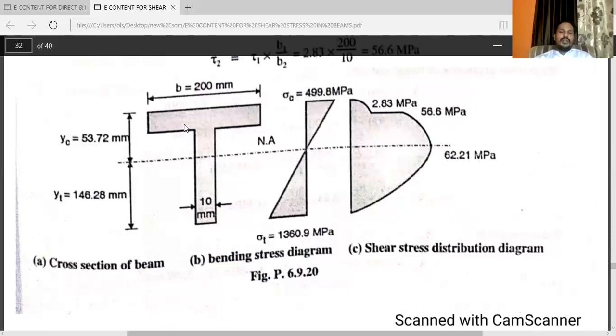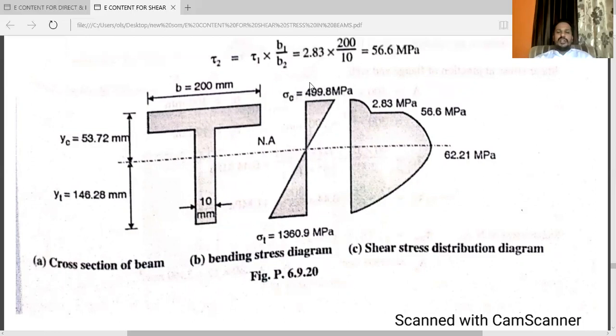You can see here for T section, the bending stress distribution diagram is here, and this one is the shear stress distribution diagram. So keep in your mind, this is the cross section of a beam. This is the bending stress diagram, and this is the shear stress distribution diagram. The bending stress distribution diagram is different, and the shear stress distribution diagram is different.